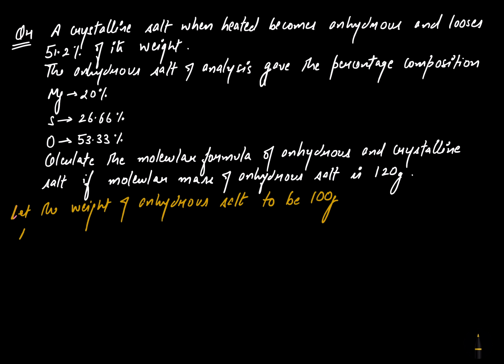So my magnesium will become 20 grams, 20% is 20 grams. My sulfur will become 26.66 grams, and my oxygen will become 53.33 grams. Now I'm going through my set of rules.